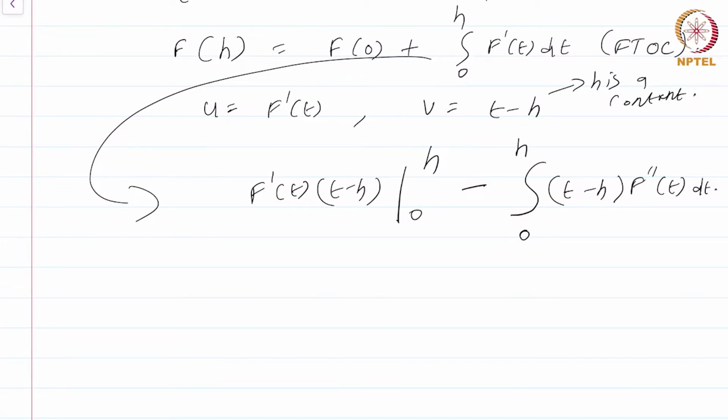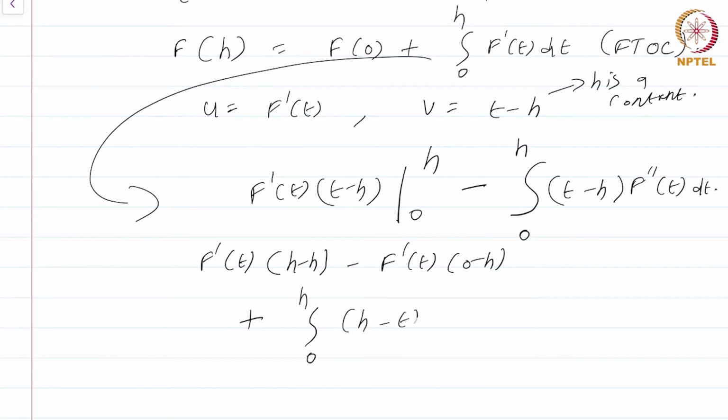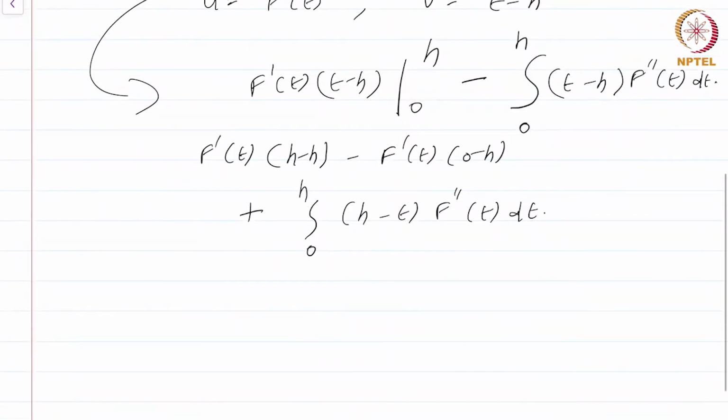Now let's see what happens. You will get the first term, f prime of t times (h minus h), minus f prime of t times (0 minus h). And if you don't mind this minus sign, I'll make it a plus sign and write the integral from 0 to h of minus t f double prime of t dt. Okay, so I've done nothing, I've just taken the minus sign inside.